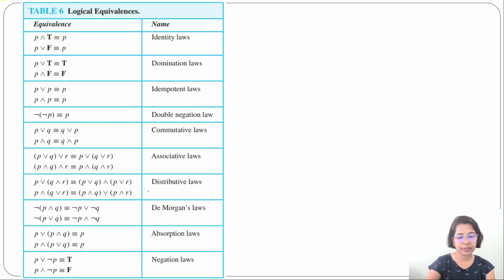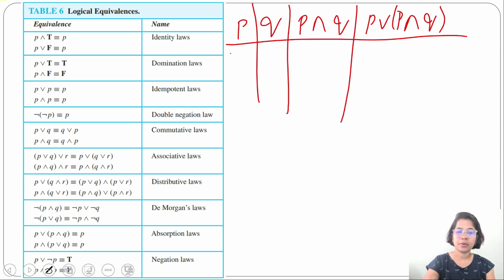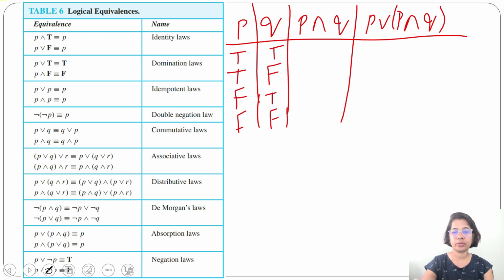Next is absorption law. P or (P and Q) is equivalent to P. Let's check it. For P, true, true, false, false. Then for Q, true, false, true, false. Two propositions, so there will be 4 rows. Now P and Q, in case of and, true will be true, rest it is false.